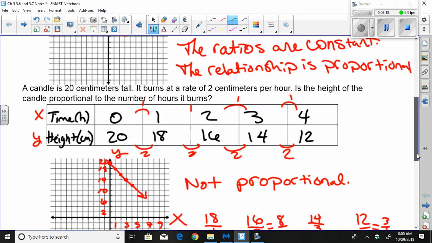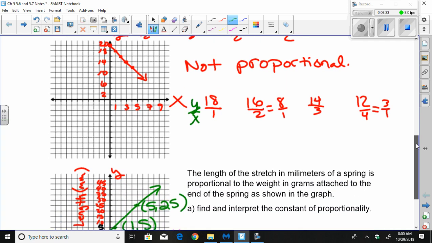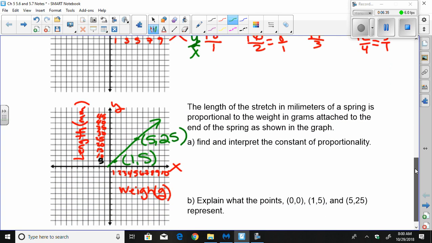So that one was proportional. This one, we can see that our y over x is not constant, even though our rate of change is constant. So it's not proportional, and it's not going through the origin.